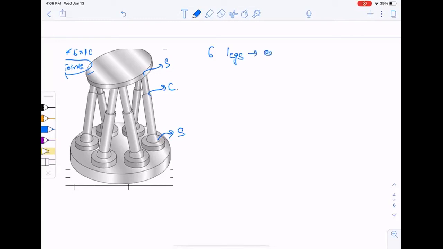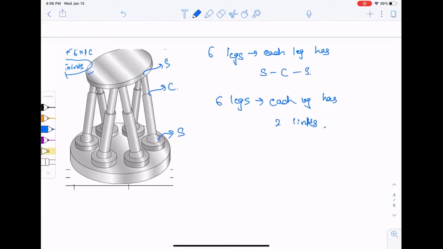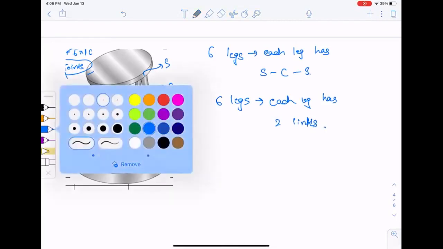So similarly, we have 6 legs, and each leg has S, C, and S. Each leg has 2 links. So let us start marking with the number of joints in this case.